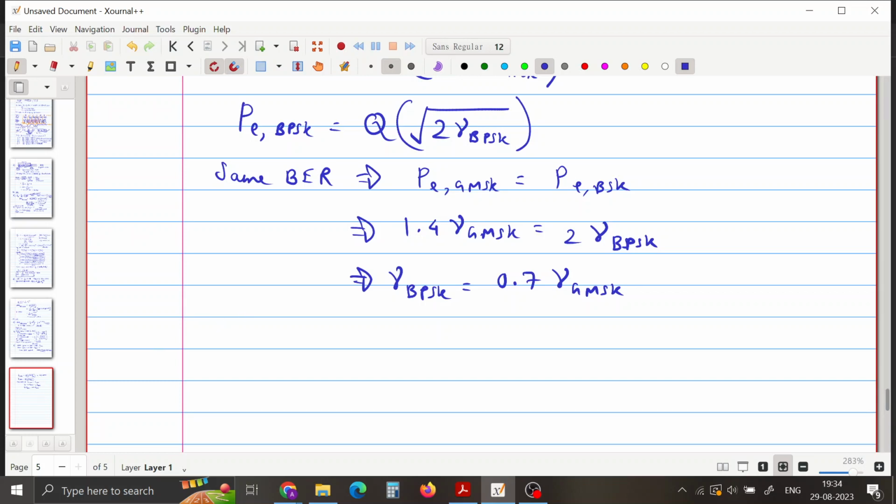Now in order to find the value in dB, what should I do? Take log base 10 on both sides.